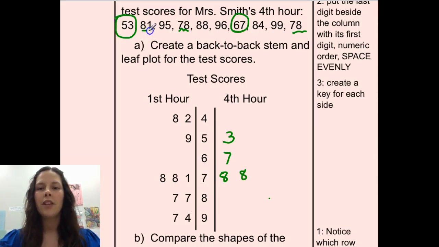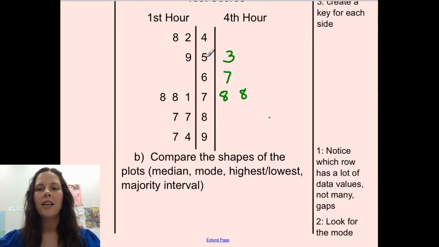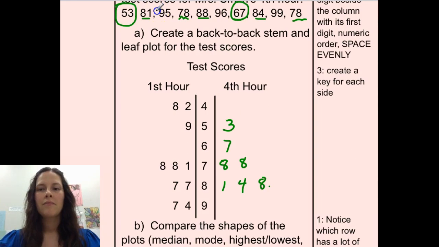In the 80s, we have 81, 84, and 88, so our leaves will be 1, 4, and 8, again giving the 1 just as much room as we give our other data values. And finally, in the 90s, we have 95, 96, and 99.